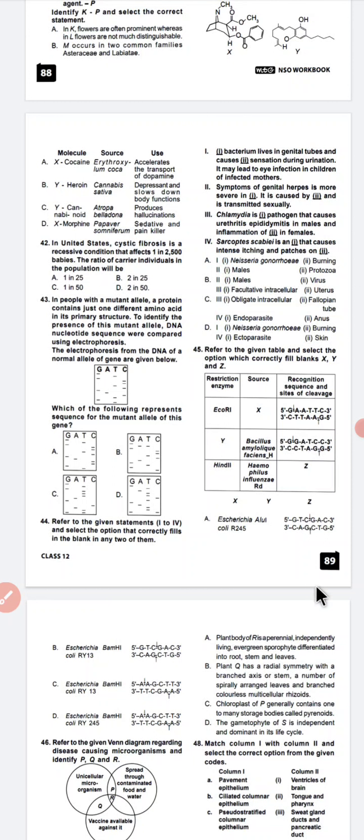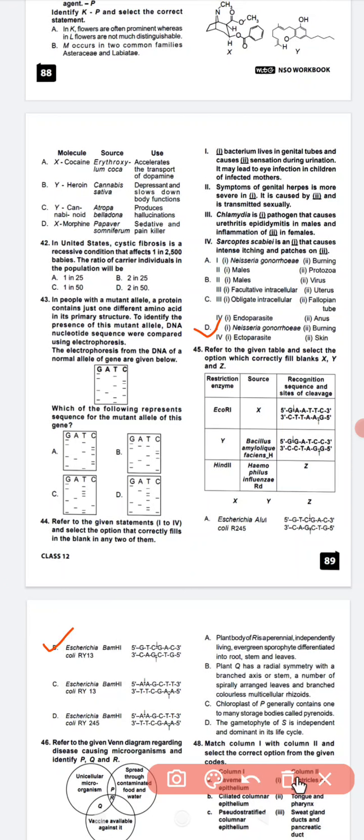You have to choose the correct answer option from this. These options are A, B, C and D. In question 45, the best answer option is B. Option B is the correct answer option for question 45.